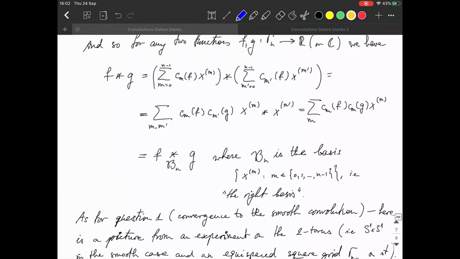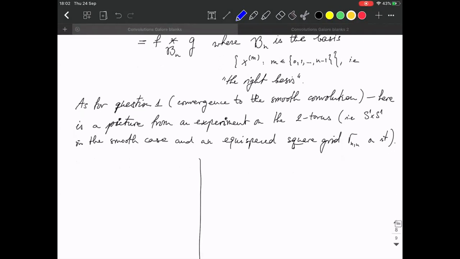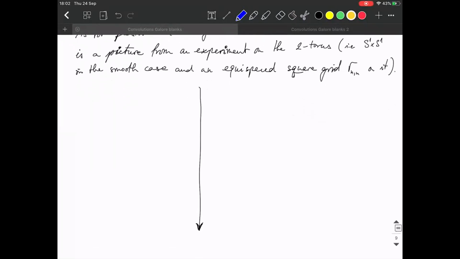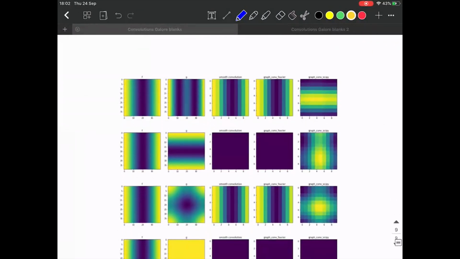And actually, Daniel here ran an experiment because the pictures are prettier. He ran it on a 2-torus rather than a circle, so the product of two circles. And here are some of the results.